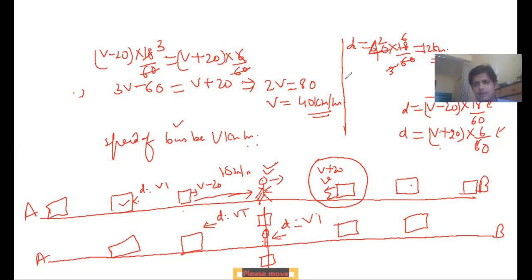Then we also know that d equal to v into T. So v into T equal to 12, and v we have obtained as 40. So T will be 12 by 40, which is 3 by 10, 0.3 hour. If we convert into minutes, it will be 18 minutes.